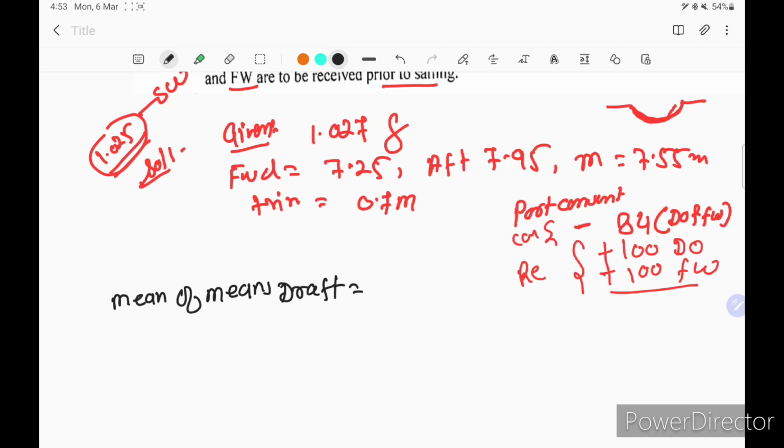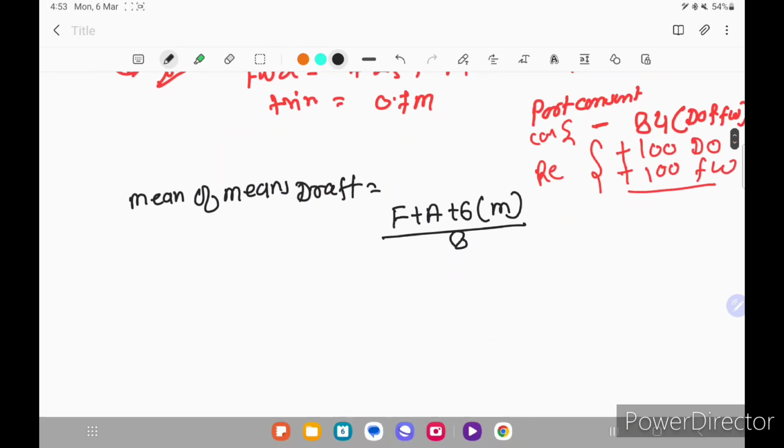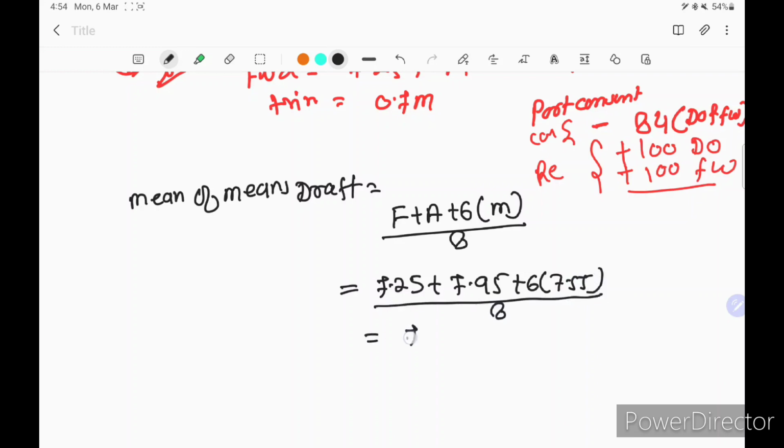So the mean of means draft is forward plus aft plus 6 times midship, divided by 8. As you know, this is a very important formula. The first step, now you will have to put the values in the formula, and we get the mean of means draft as 7.562 meters.